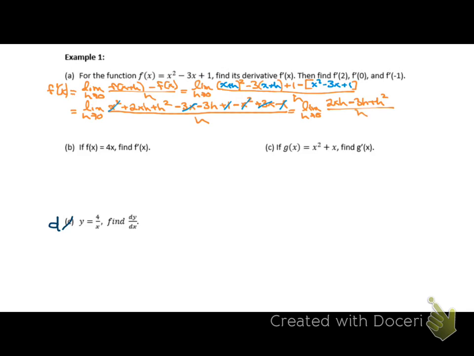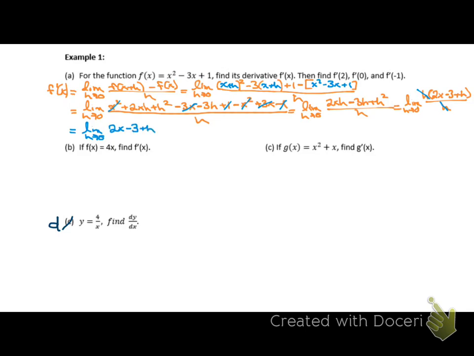all over h. Now because there's an h in everything, I can pull out the h in the numerator. So we have the limit as h approaches 0 of h times 2x minus 3 plus h, which means that these h's cancel, and we're just finding the limit as h approaches 0 of 2x minus 3 plus h.